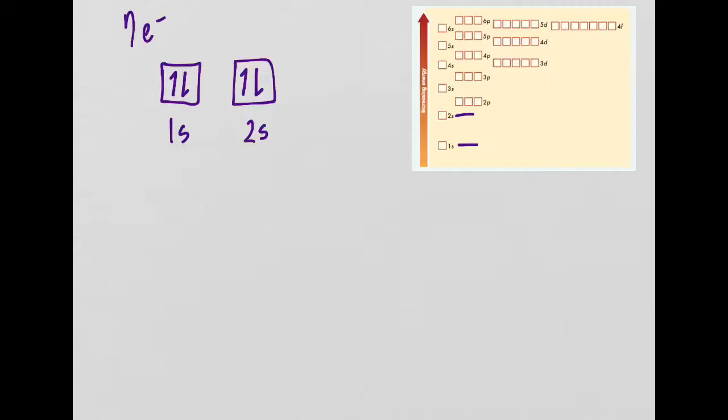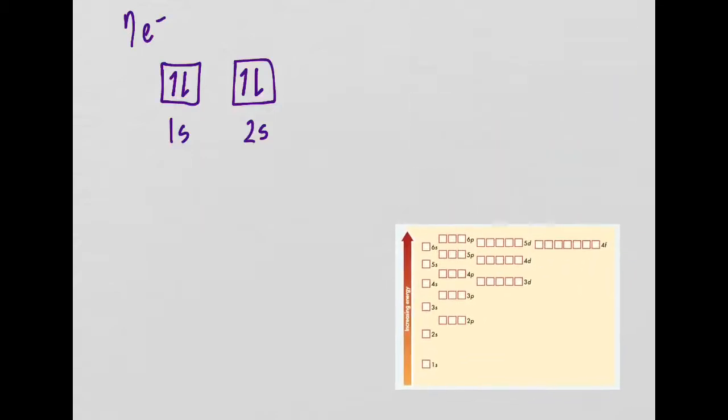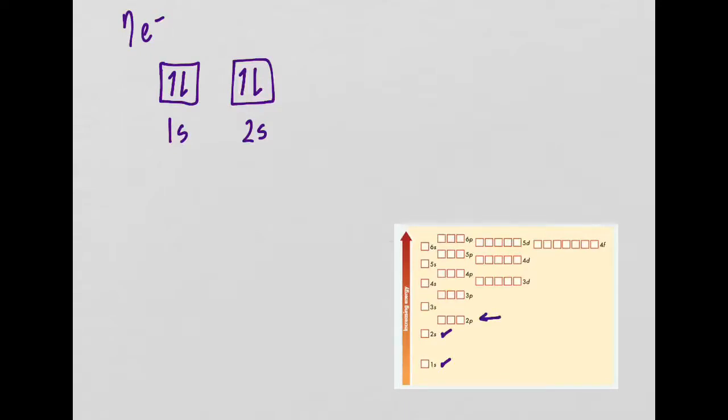So I need to go to the next orbital in the energy level, which is the 2p. So I'm going to move this guy down here. All right, so we've filled this one, we've filled this one. Now we're going to go to our 2p. To draw that, remember, I'm not going to split it up into three separate boxes.